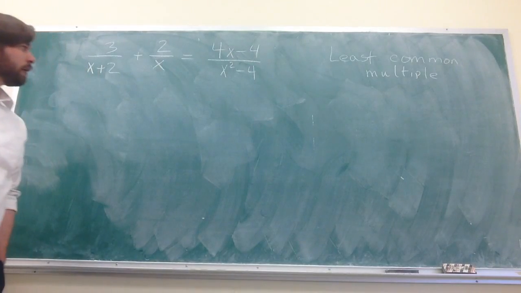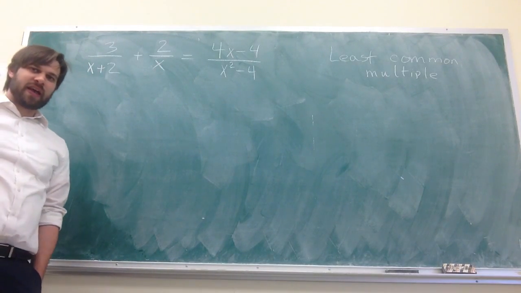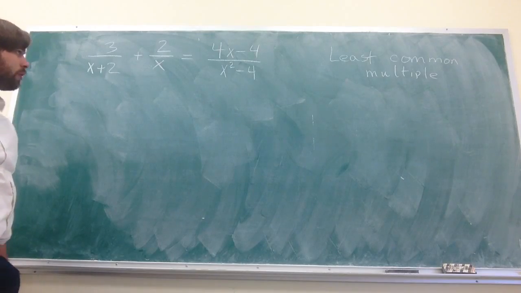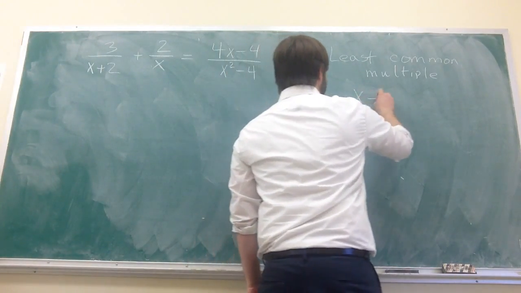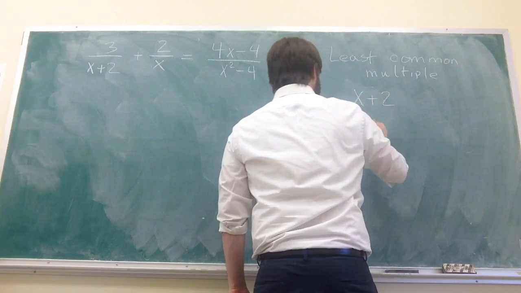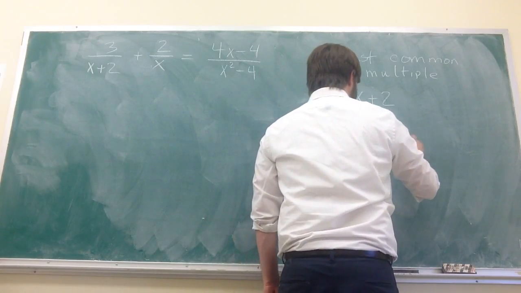Okay. So again, we want to find the least common multiple of these things. So we look at the denominators, and they're x plus 2, x, and x squared minus 4.